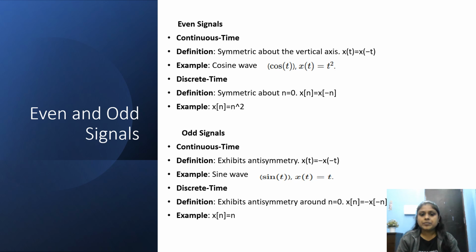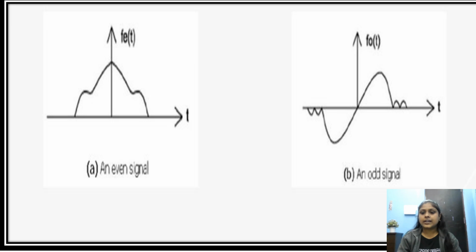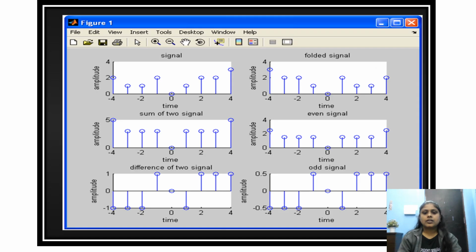And the discrete time exhibits anti-symmetry around n is equal to 0, that is x of n is equal to minus x of minus n. For example, x of n is equal to n. This is the graphical representation of even and odd signals. This is also a graphical representation of even and odd signals, but obtained from the MATLAB tool. When we write the code for even and odd signals, we can get a graph like this.